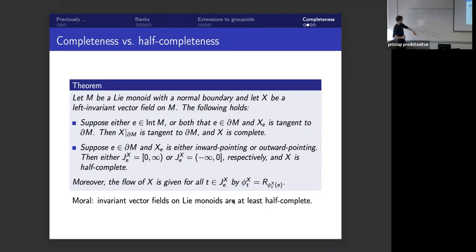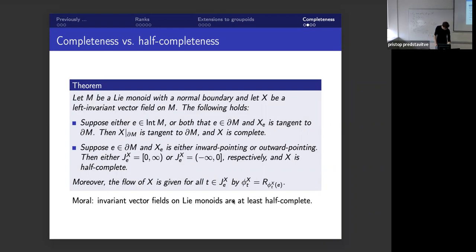Using these two results, I'm not going to go into any more detail because I don't want to bore you or lose you any further. So this is the gist of the argument.